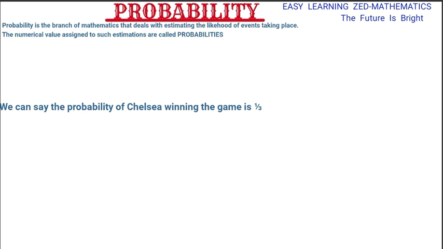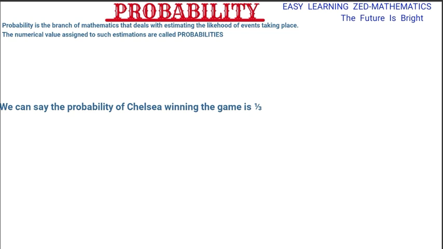Now we can say the probability of Chelsea winning the game is 1/3. I'm just trying to demonstrate. We know that in a game there is win, lose, and draw. So if Chelsea is playing, the outcomes of the result are going to be 1/3 each, because Chelsea might win, that is one probability.